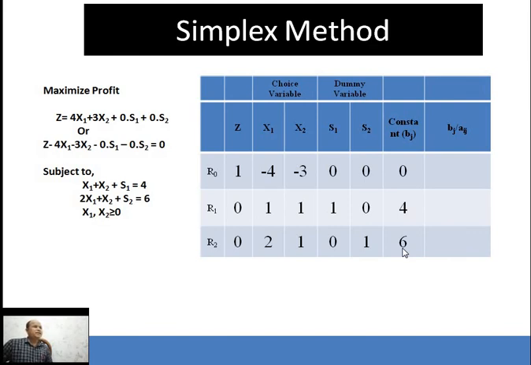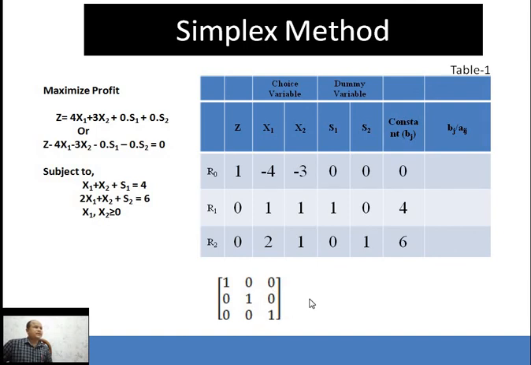This table has 3 columns which are the columns of an identity matrix. So let us take these 3 columns and we get this identity matrix.